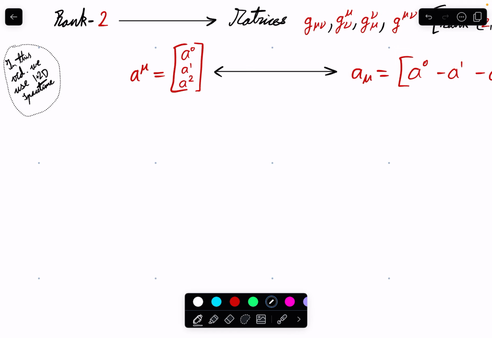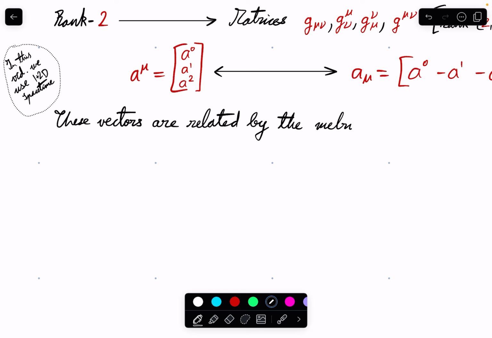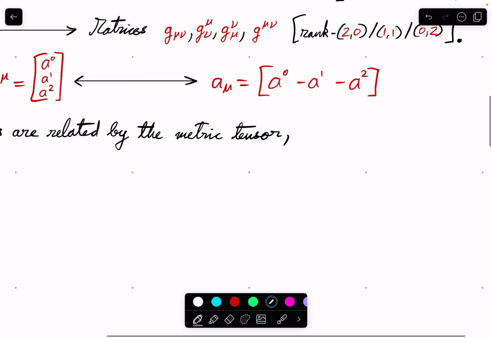And these vectors are related by the metric tensor, G mu nu, and we'll see that it's actually equal to these, that the metric tensor of rank 0, 2 and 2, 0 are actually the same thing.